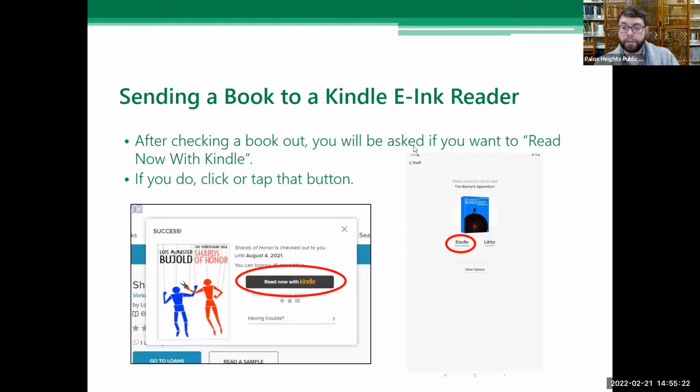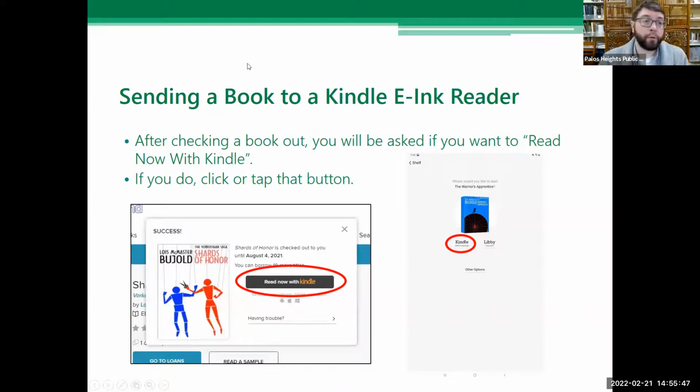On a phone or tablet, in that red little box there, it says Kindle, apps and services, you would tap that. So it asks you, where would you like to read it? If it's a Kindle, you tap Kindle. If it's in the app itself on your phone or tablet, you just tap Libby, this app, which is the other button there. On a computer, you would just hit that X if you don't want to read with Kindle, and you'll be able to read it on the computer.